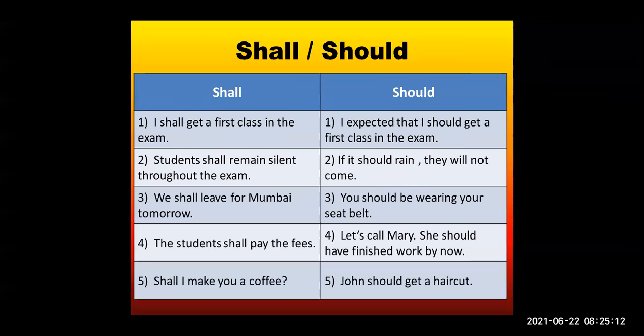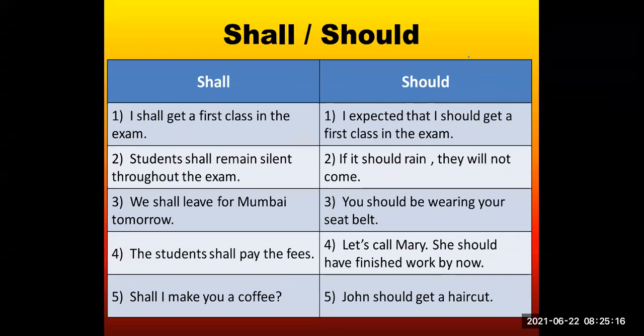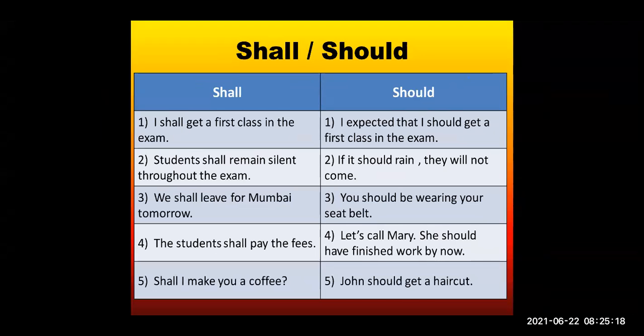First example: I shall get a first class in the exam. Now here the sentence is about the future. You may be confused that will is also used in the future.